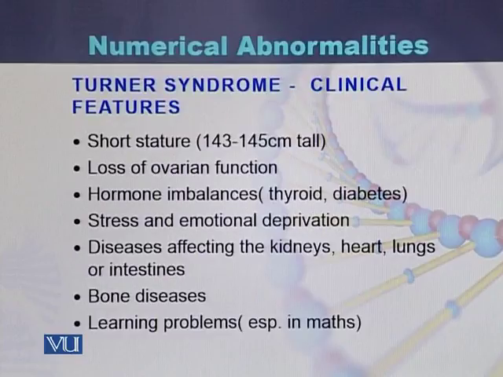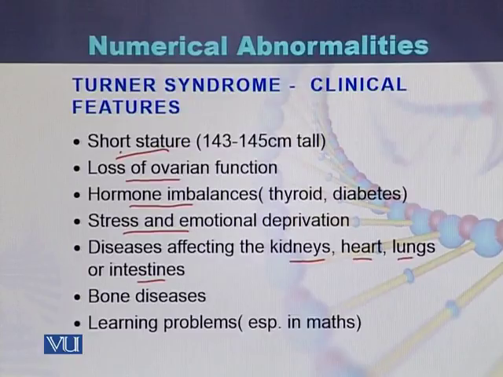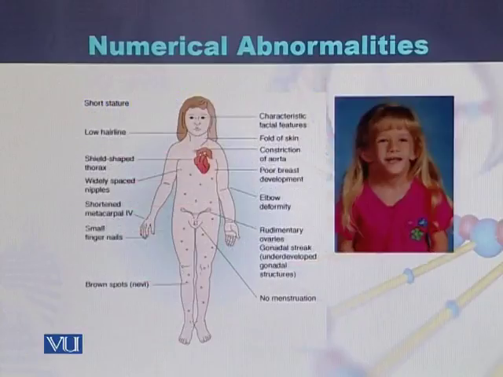In case of Turner syndrome, the clinical features of the affected individuals would be short stature, loss of ovarian function, hormone imbalances, stress and emotional deprivation, diseases affecting the kidney, heart, lungs and intestine, bone diseases, and there will also be learning problems. So these are the features which can be seen in children that have Turner syndrome.